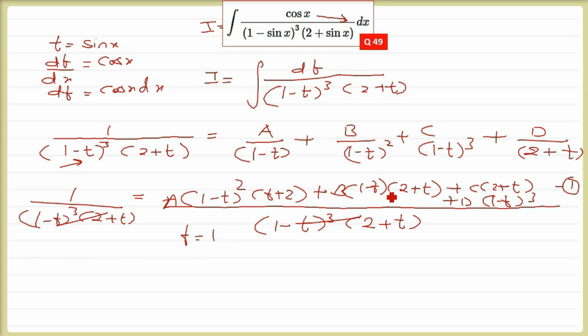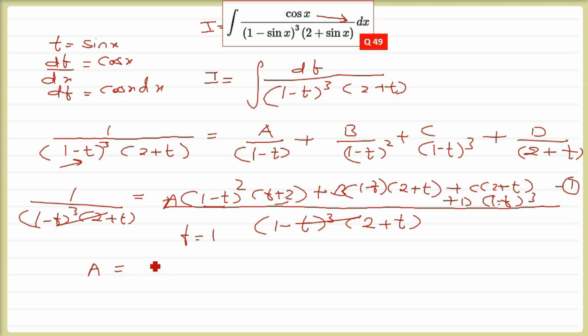There is also one possibility that you put t equals 1, t equals -2, but you might not achieve the other constants. So it's better to just open it up, equate the coefficients with the left side, and then find out the values of a, b, c and d.